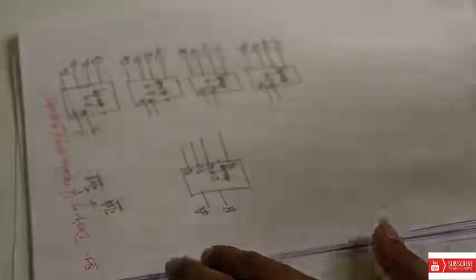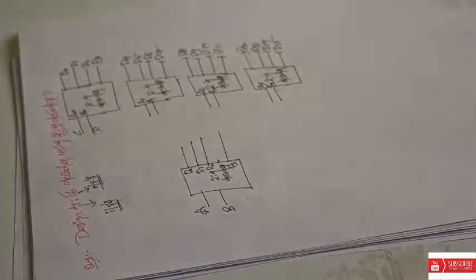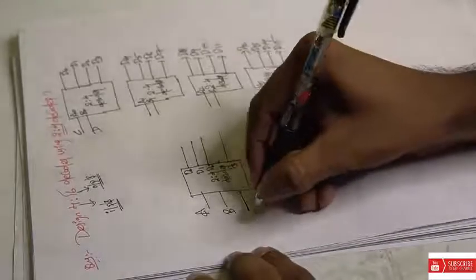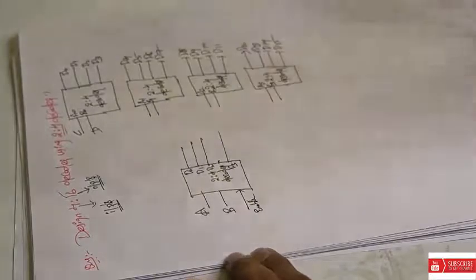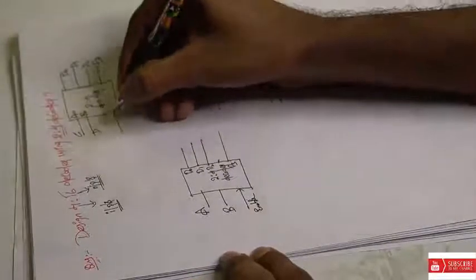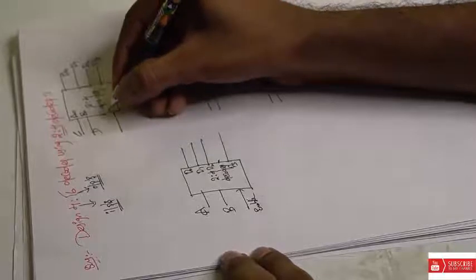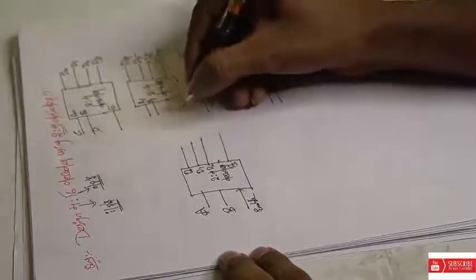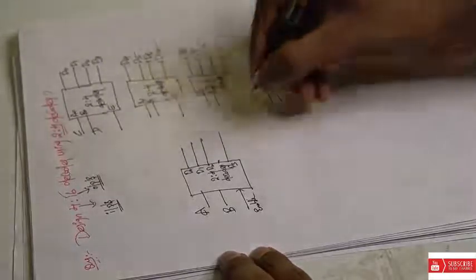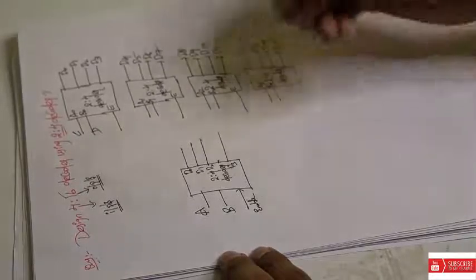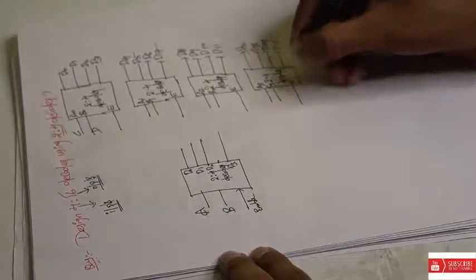This will become A3 and B3. Now one term we will be missing, that will be the enable input, right? This will become the enable. Here also we will take the enable E, here also enable E, and here also enable E, and here also enable E.